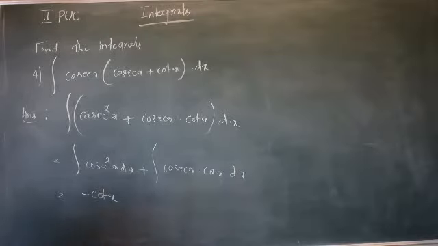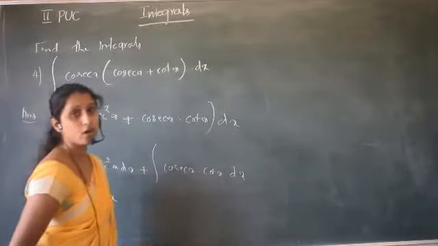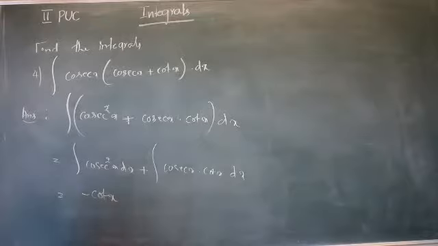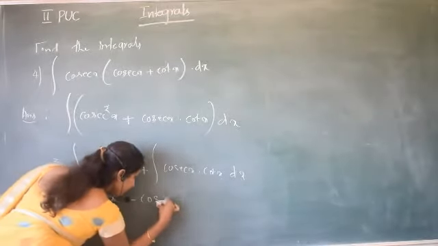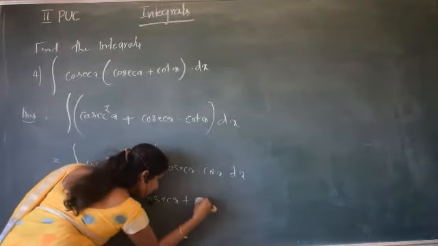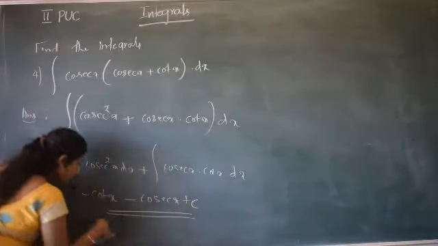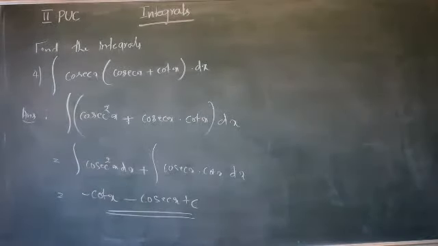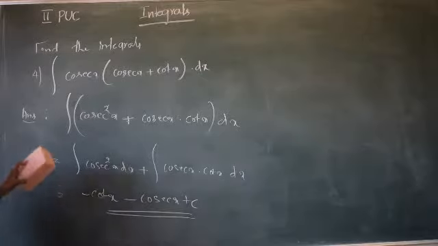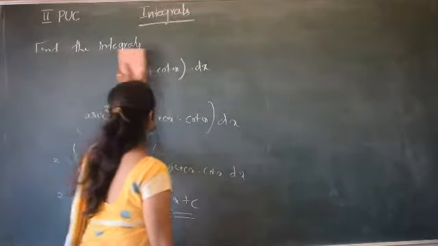But now here it is cosec x into cot x. Therefore, the integral of cosec x into cot x is minus cosec x. Plus c. We have to add the integration constant plus c for all the given functions. That's all. So this is one more problem.